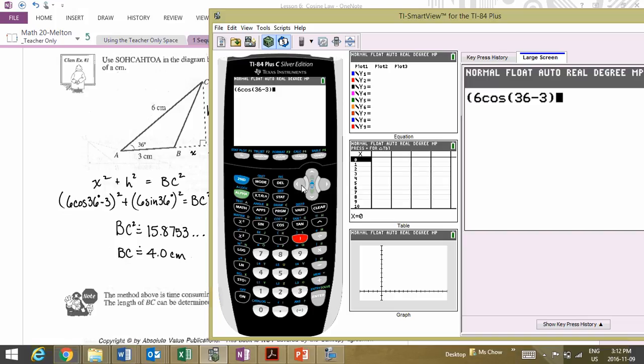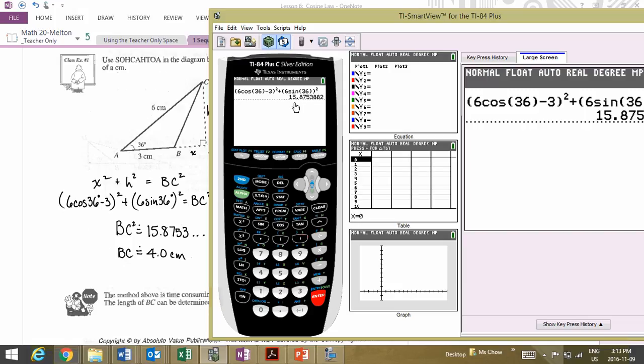Whoops, I don't want cosine of 36 minus 3, or cosine of 33. It's just cosine of 36, and then I'm going to subtract 3. And close that bracket. We'll square that, and then we will add, open bracket, 6 sine of 36 degrees, close the bracket for all of 6 sine 36. We'll square that, and that gives us BC squared.